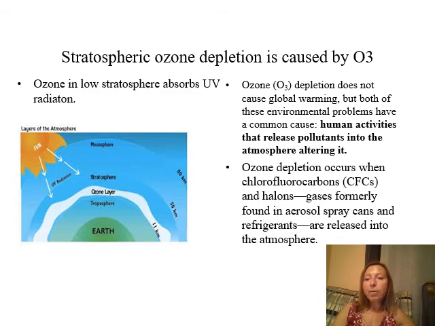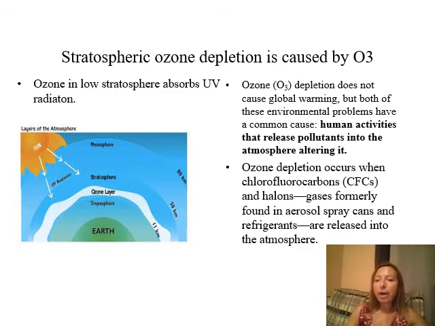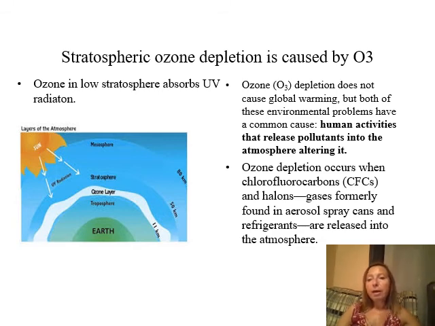Where they're coming from, the CFCs, they used to be found in the aerosol sprays, in deodorants and hairsprays, in the refrigerants. And when they are released in the atmosphere, they can be extremely dangerous because they are binding the third atom in the O3.